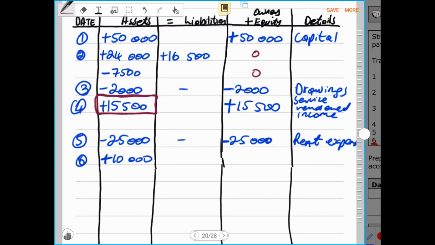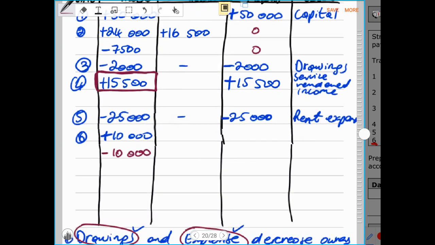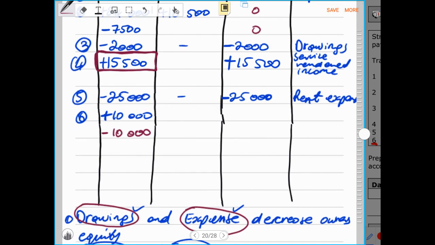If it was a plus previously when the business rendered a service on credit, then in this case this must be 10,000. Remember, this 10,000 is decreasing that 15,500 because the customer is paying part of what he owed the business for the service rendered on credit. All other entries will not be affected.